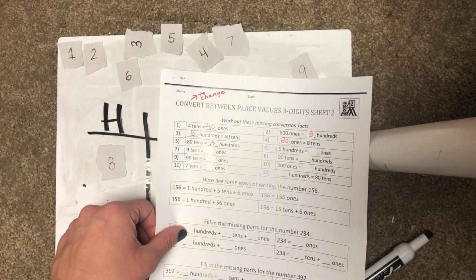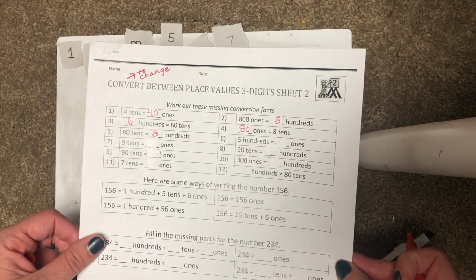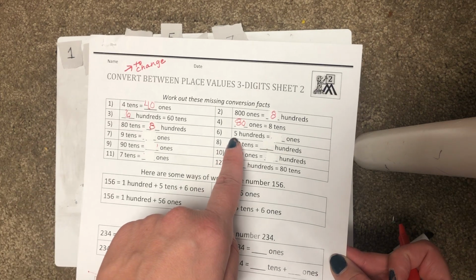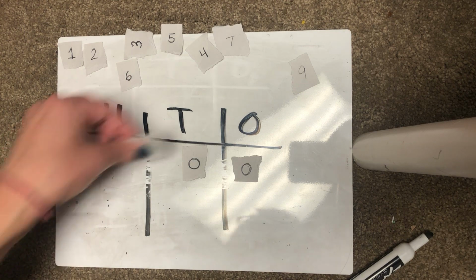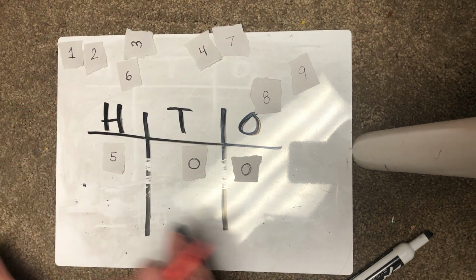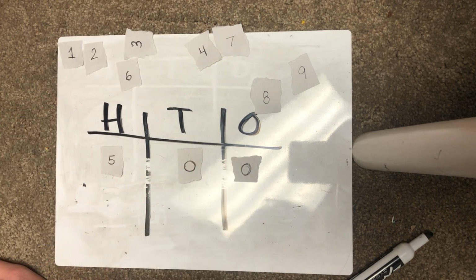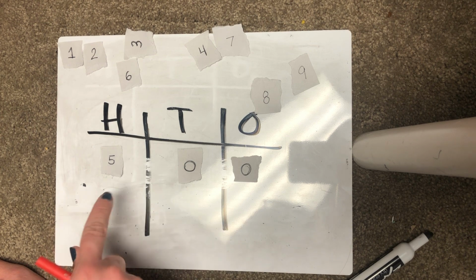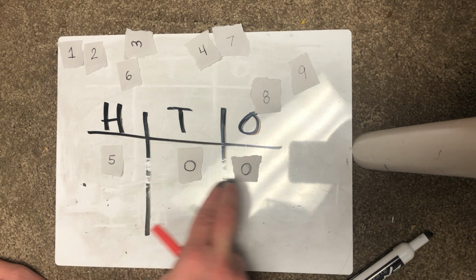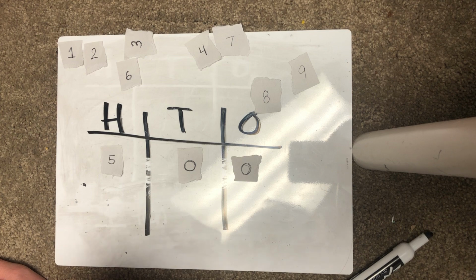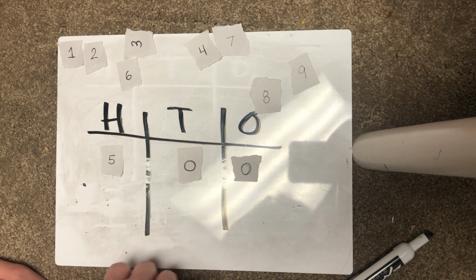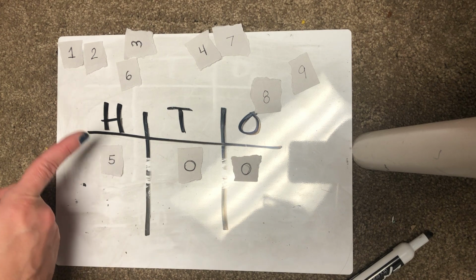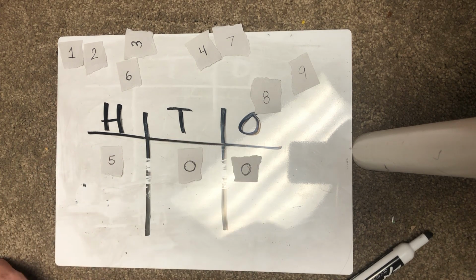Number 6, 5 hundreds equals how many ones? This model shows 5 hundreds. We have 5 in the hundreds, and then we still have 2 place value holders. We want to know how many ones this would be, so we're going from a larger place value to a smaller place value.